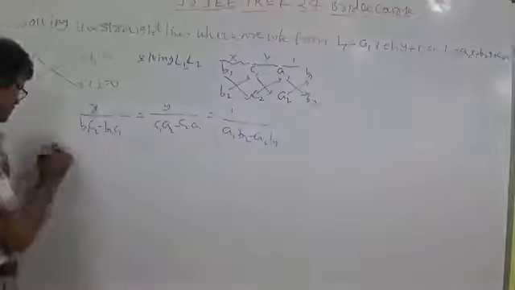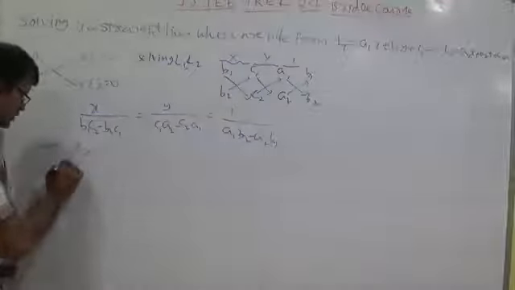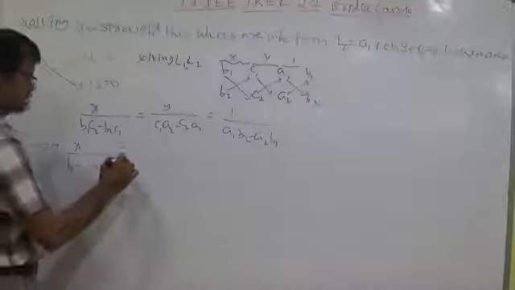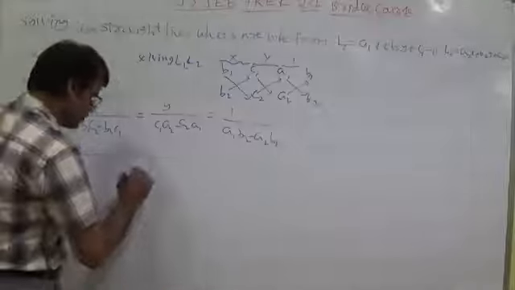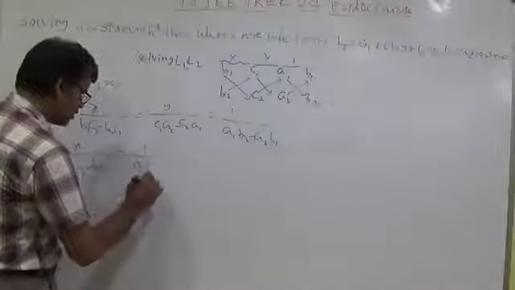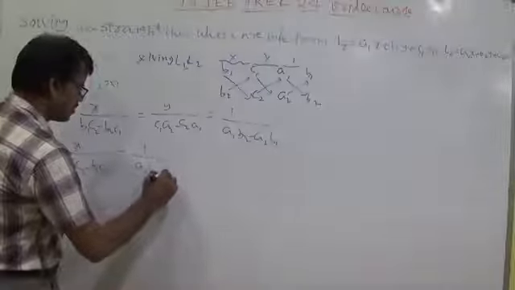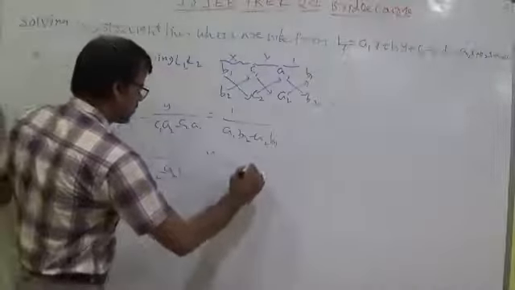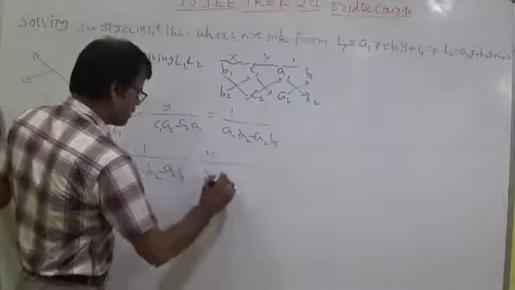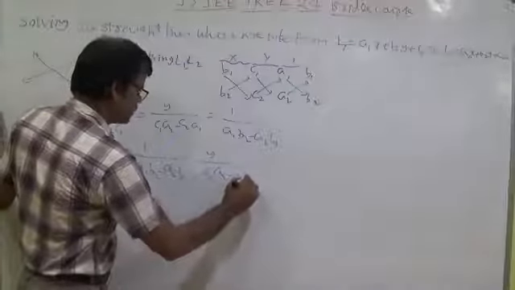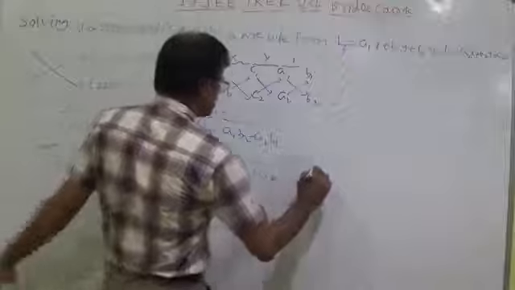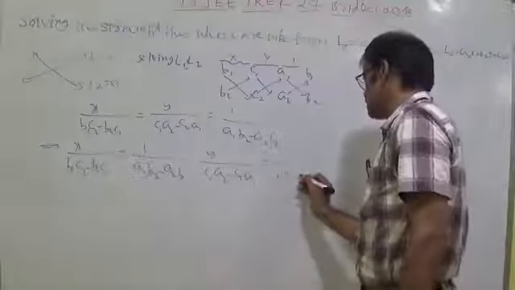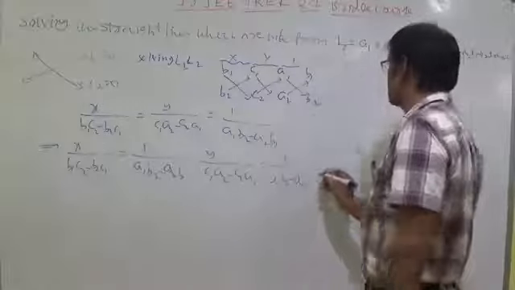That implies x by B1C2 minus B2C1 is equal to 1 by A1B2 minus A2B1, comma, y by C1A2 minus C2A1 is equal to 1 by A1B2 minus A2B1.